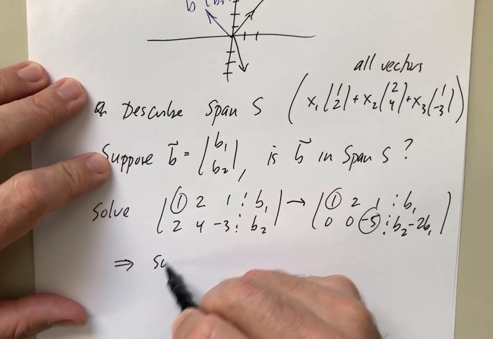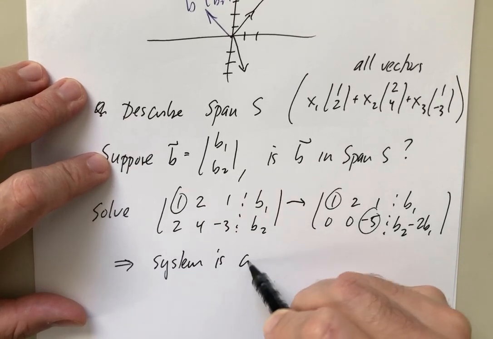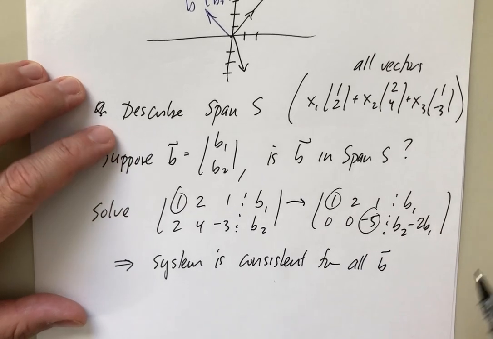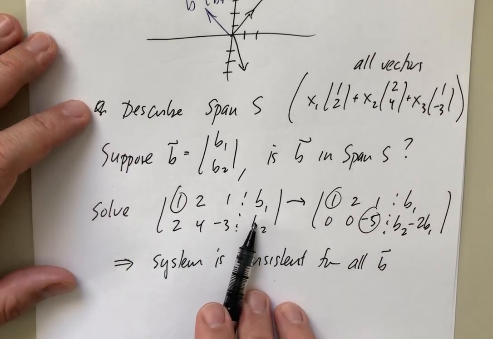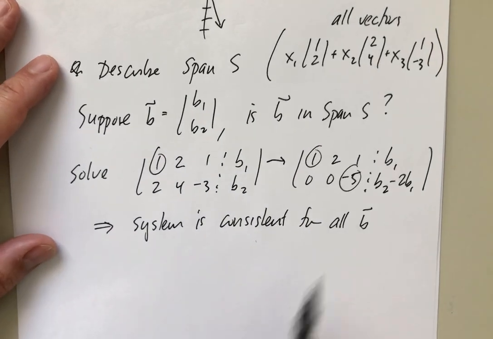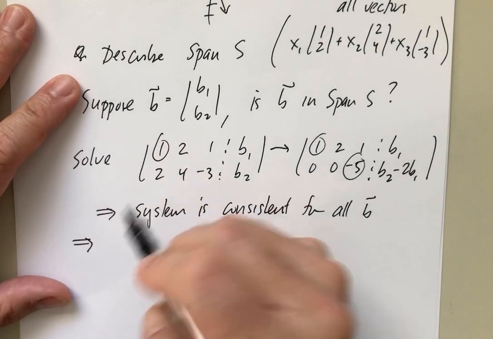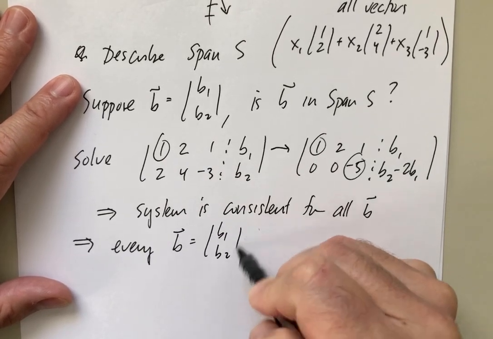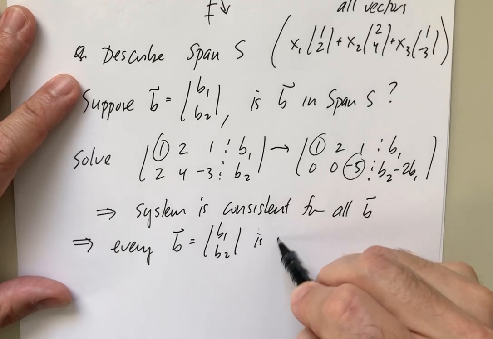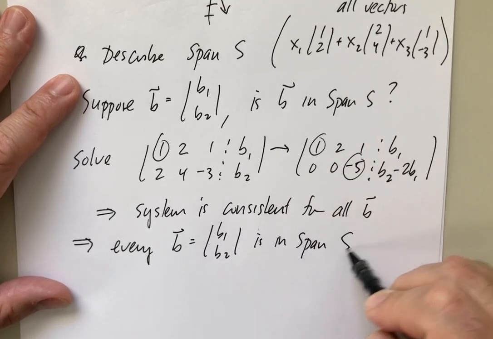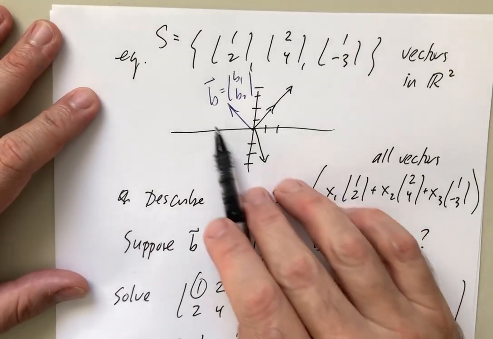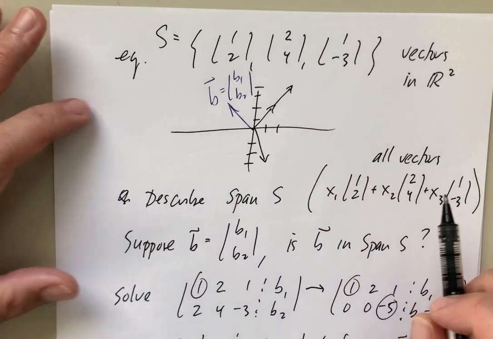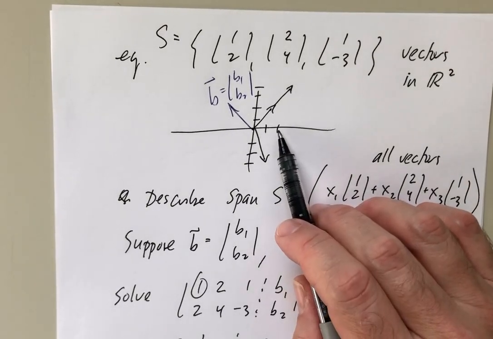So what I know now is that the system is consistent no matter what, for all vectors B. No matter what B was, if I put it on the right-hand side as an augmented matrix, I get a consistent system. So what this is telling me is that every vector, no matter which vector you give me, everything that has 2 coordinates, is in the span of these 3 vectors. No matter which vector you give me, there's going to be some way to construct it as a linear combination of what you gave me here.